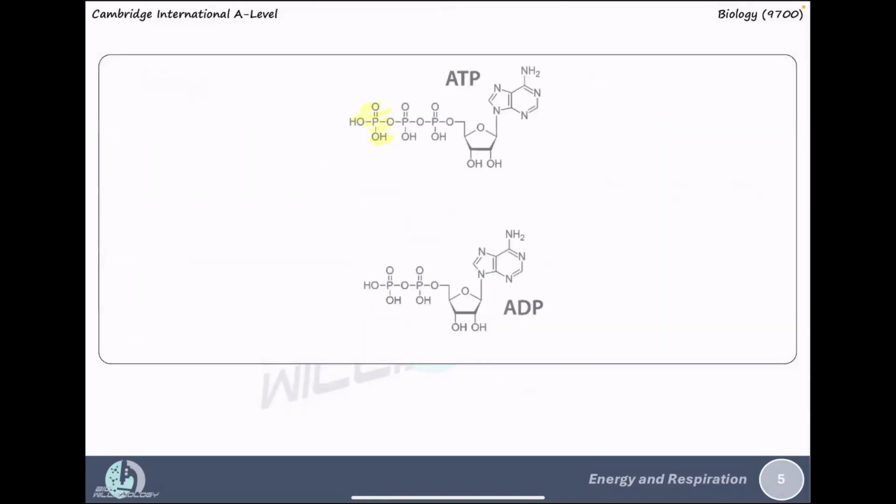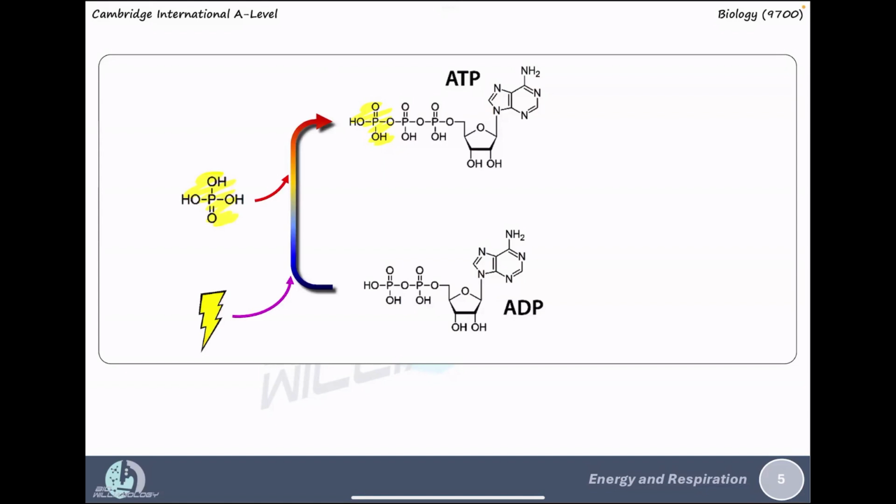Zooming in, if you look at the reactions here, we have ADP and ATP. ADP has two phosphate groups. Look at the diagram here. Can you see that? With these two phosphate groups, this molecule is known as ADP, adenosine diphosphate. During an energy releasing process, energy is released, and ADP combines with a phosphate group to form ATP.